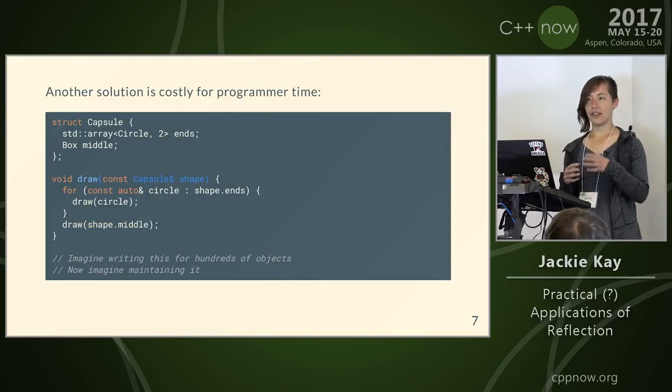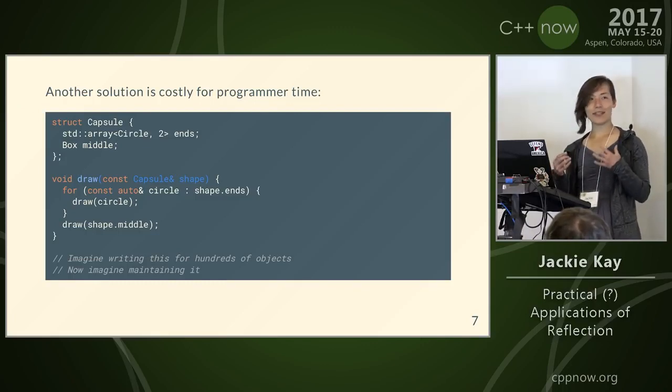The converse approach is, suppose I define different structs that are composed of my primitives in a certain layout. For example, a capsule or a pill is defined by a box in the middle and two circles at the ends. You can hand code your draw function by drawing the circles and drawing the middle.